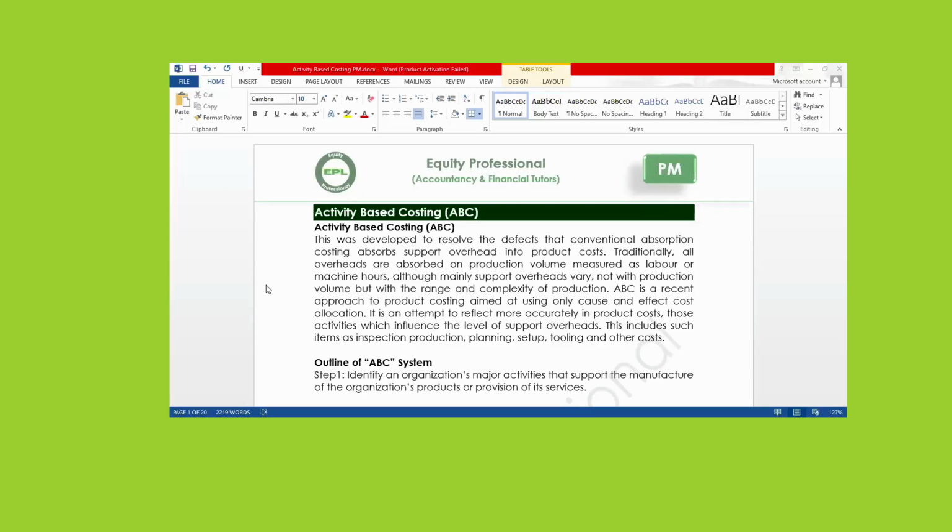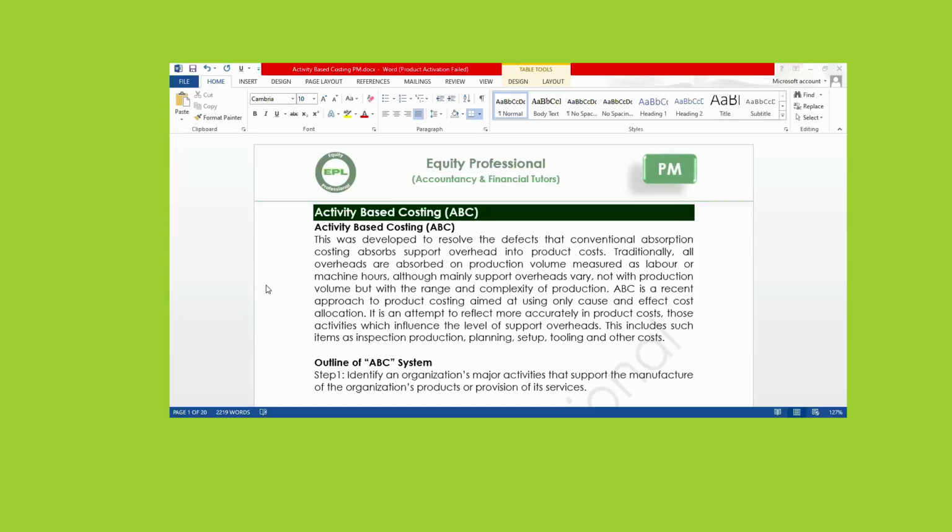Because these costs cannot be traced to a particular product or service, that creates an accounting problem. How do we account for overhead costs? For example, business rents, factory rents.